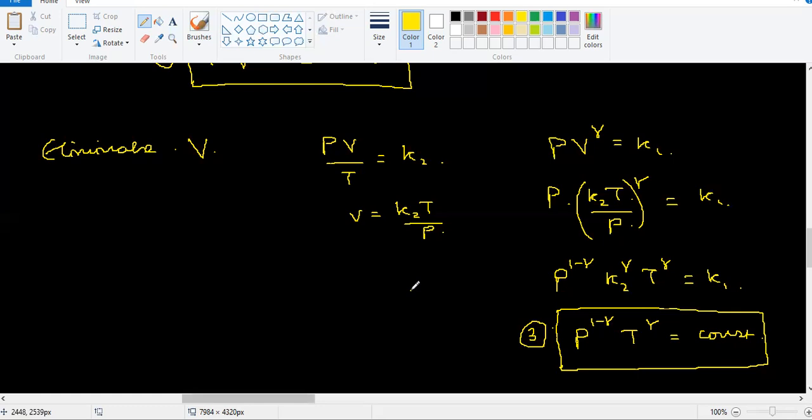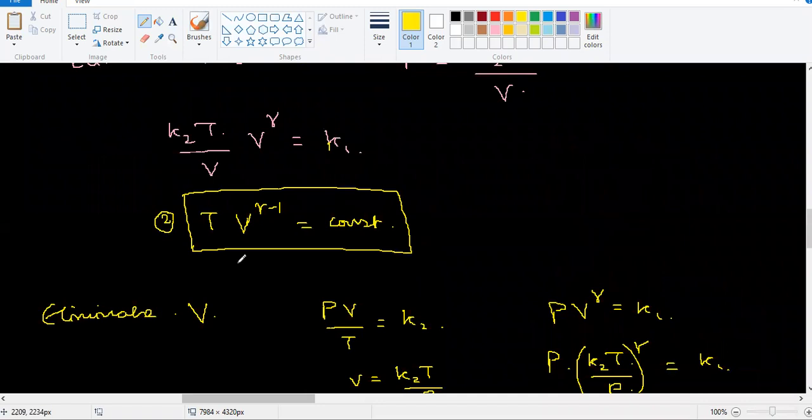Now we need to understand how I said V2 by V1 is equal to V3 by V4. For that, I need to use the temperature-volume equation.